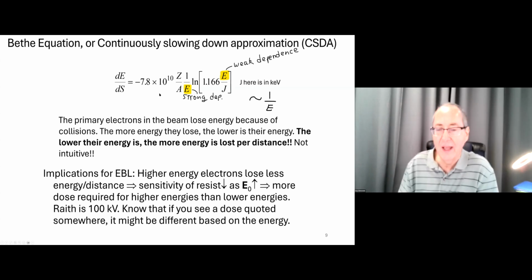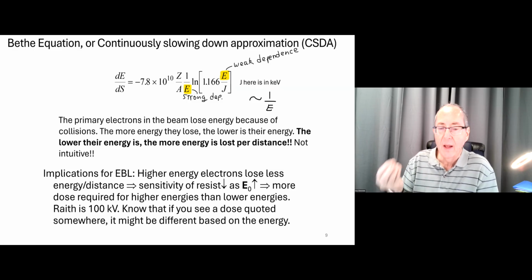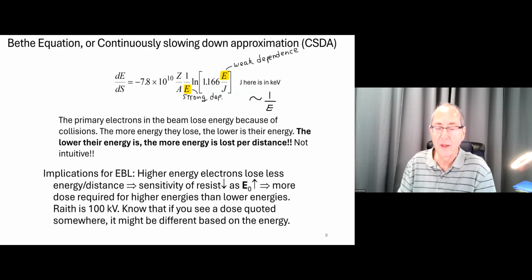And that does make some sense if you think about the electron interacting with atoms due to Coulomb forces. They spend less time at higher energy in the vicinity of the nucleus or within the electron cloud, so that they don't have as much chance to lose energy.